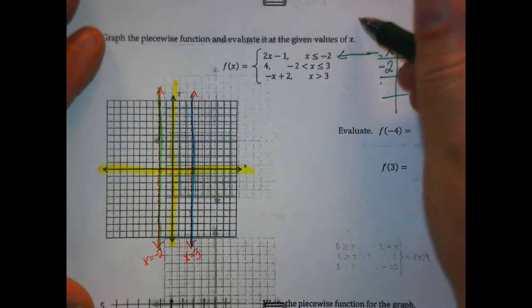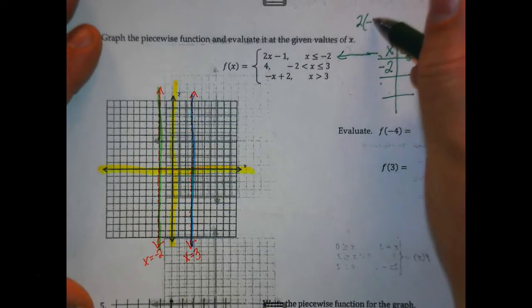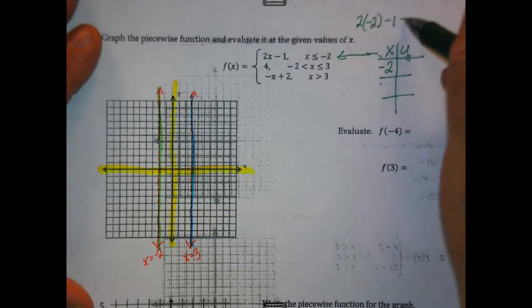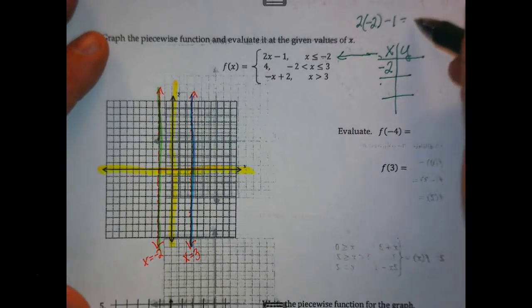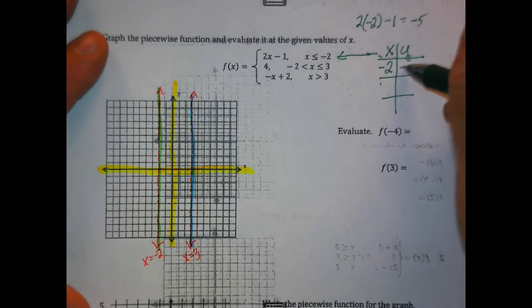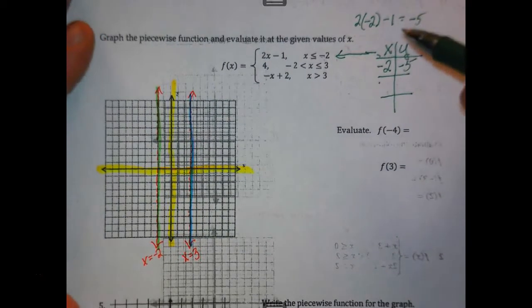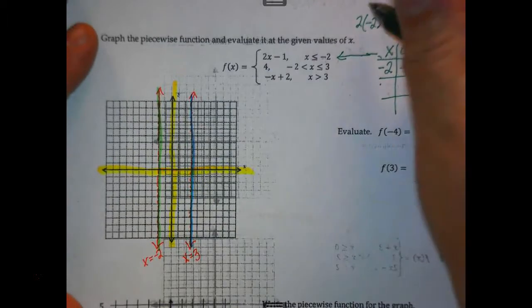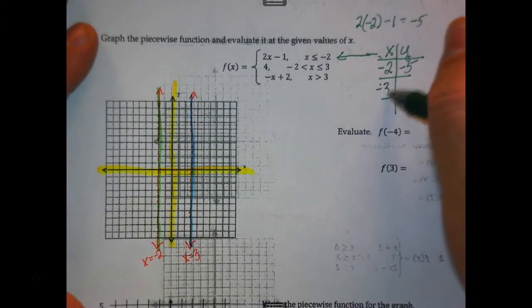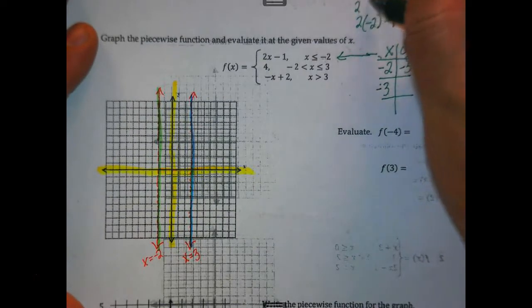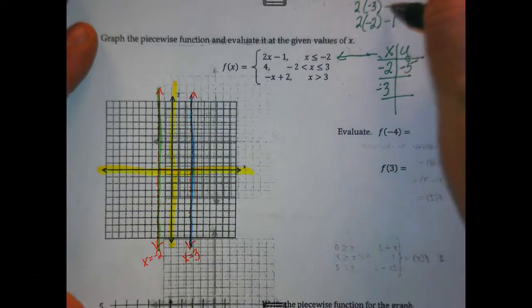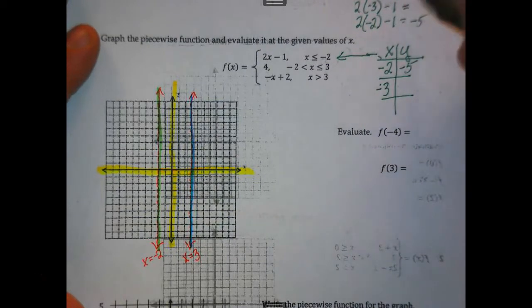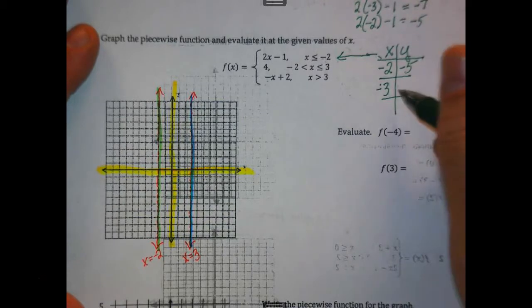Okay, so I have 2 times -2 minus 1. So what's my y? -5. And then something smaller than -2. So I heard somebody say -3. So I have 2 times -3 minus 1 equals -7.